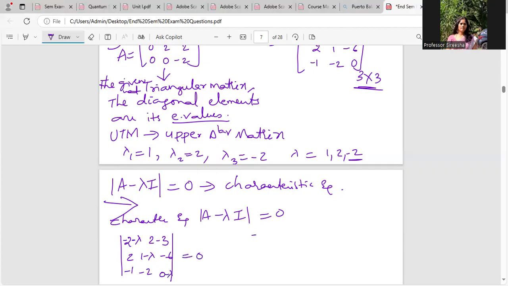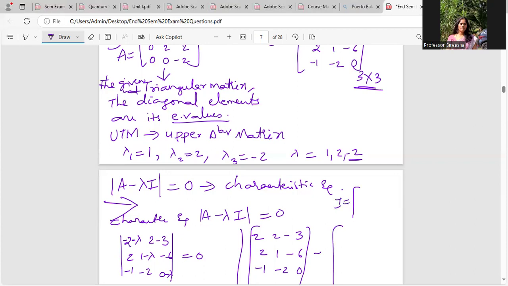How have you got it, if you ask me? Just see here. My A is 2, 2, minus 3; 2, 1, minus 6; minus 1, minus 2, 0. This is my matrix A. Minus lambda I. I know a 3 by 3 identity matrix would be 1, 0, 0; 0, 1, 0; and 0, 0, 1.